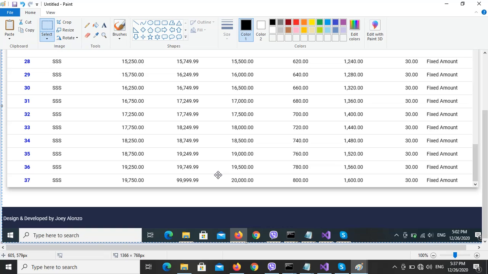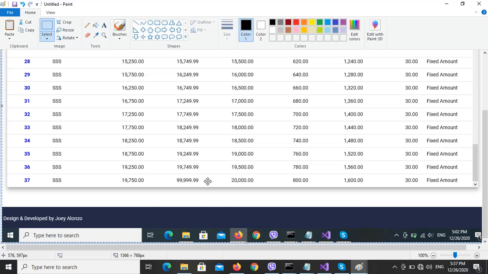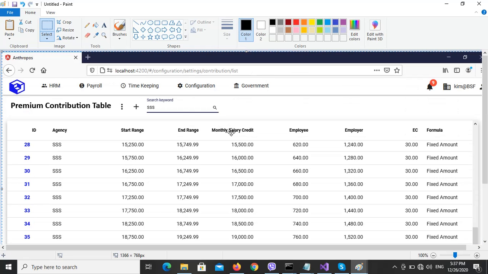If there are some employees having salary that is, for example, 100,000, 500,000, then you need to change this into 999,999. But of course majority of the employees are just on this range, so we just put 99,999 just to be uniform with the number of digits.